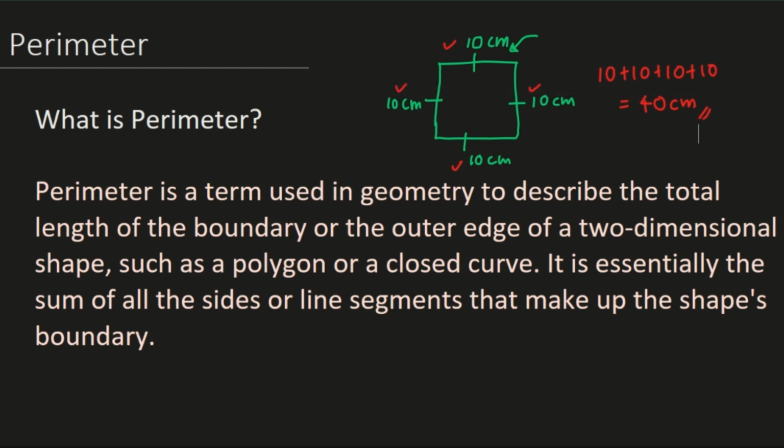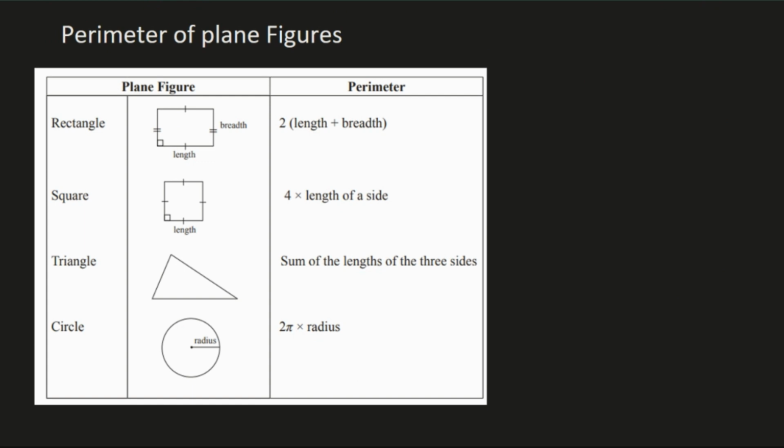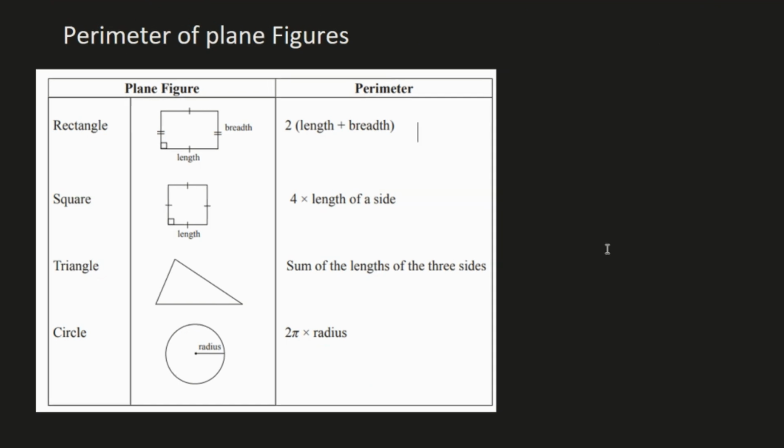Okay, so in here you can see that I have shown the perimeter of some plane figures. So let's go one by one. The first figure is a rectangle, as you can see. When finding the perimeter of a rectangle, if I draw it like this, you know that a rectangle is a quadrilateral and its opposite sides are equal, like this. So I can just simplify it like this.